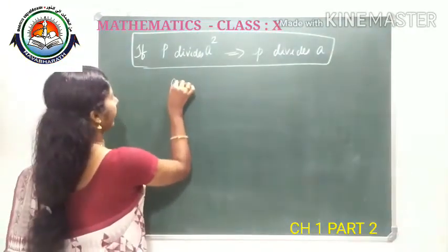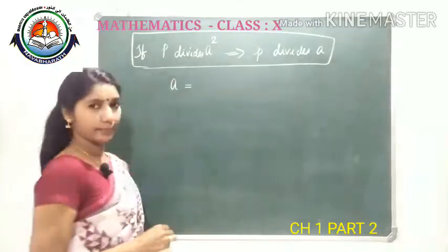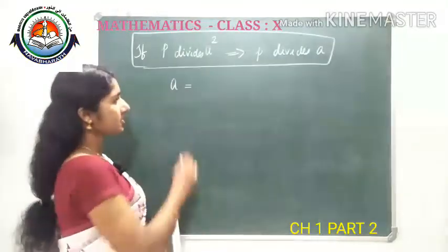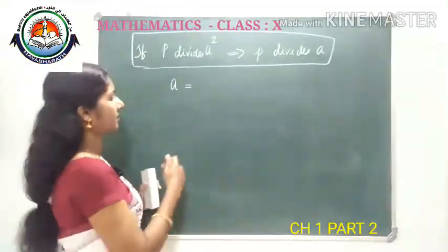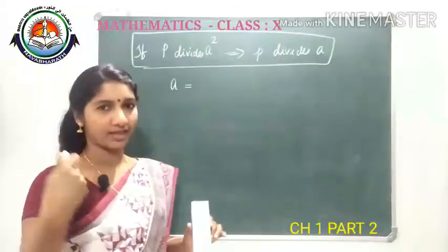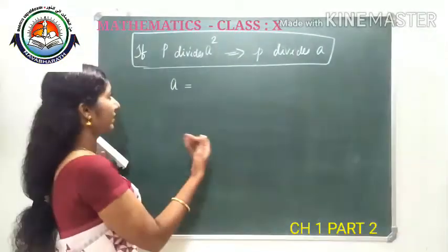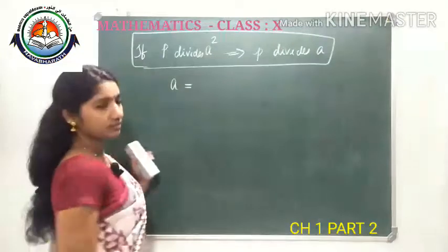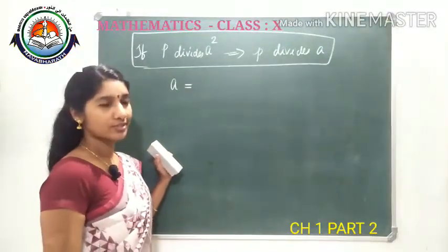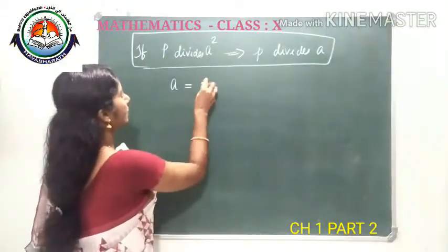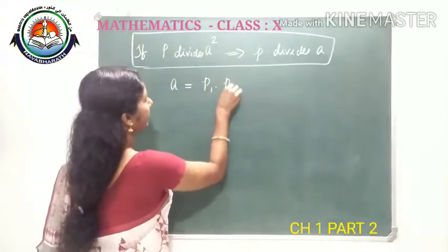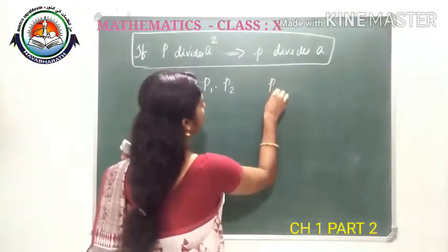Let us take a as any composite number. This proof you no need to study; no need to study means no need to learn it by heart. Proof will not be asked directly. Suppose a equal to p1, p2, etc. pn.